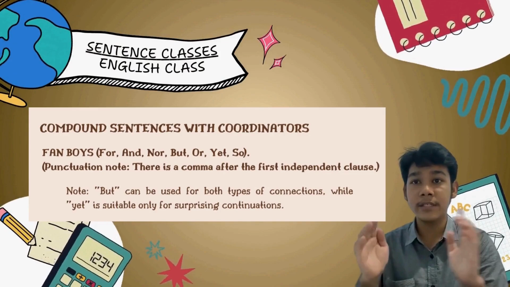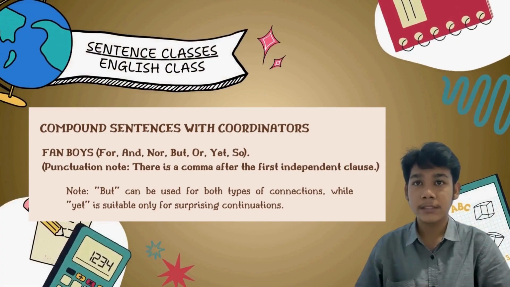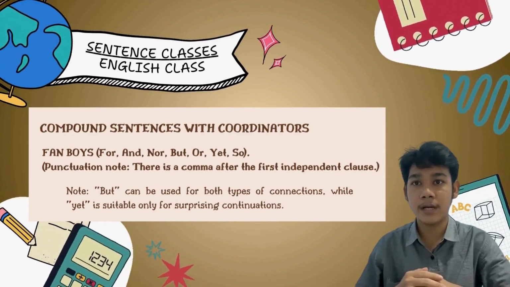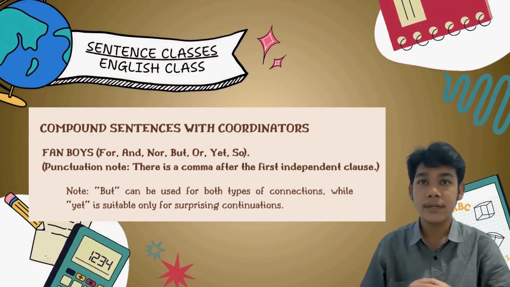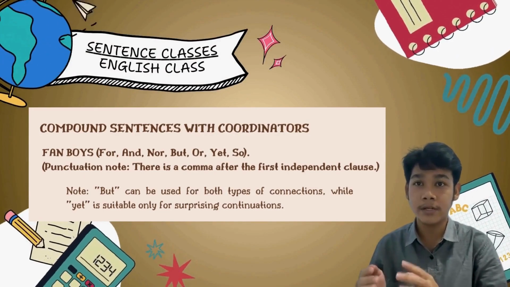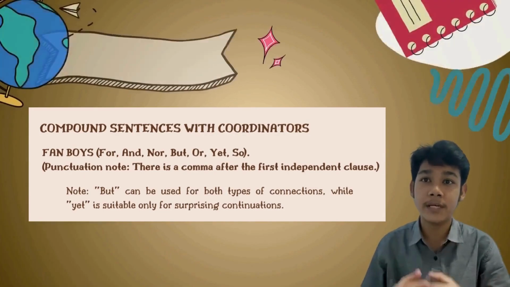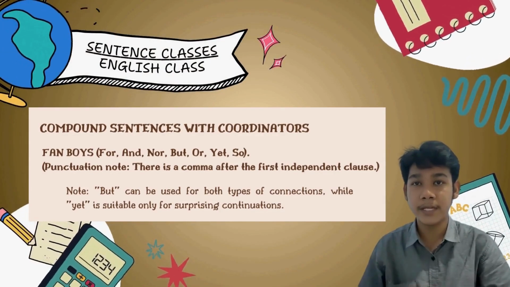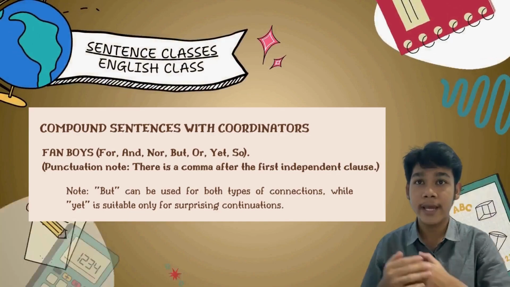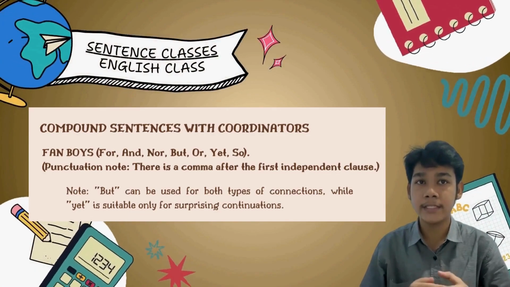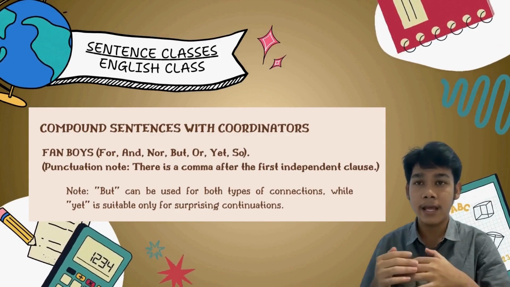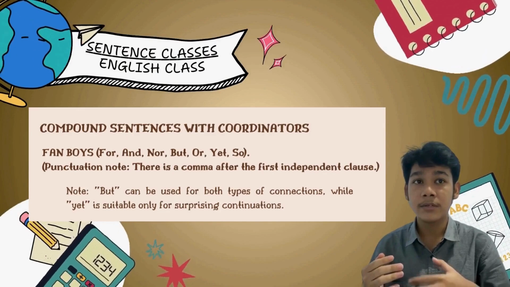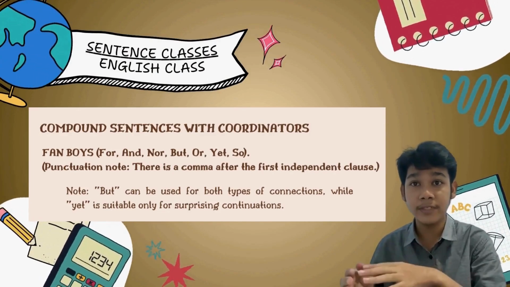There are different usages. But is used to connect two clauses that are direct opposites. For example, I want to study art, but my parents want me to study engineering. It stands for direct opposite. And yet is used when the second clause is an unexpected or surprising continuation based on the first clause.